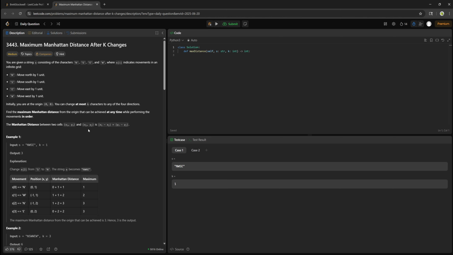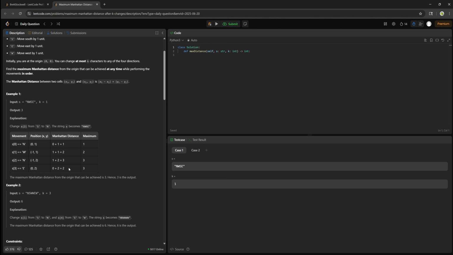I was thinking about keeping a counter of each direction and how many times it's in the string. But then I don't know what the algorithm would be of what direction to choose or switch.